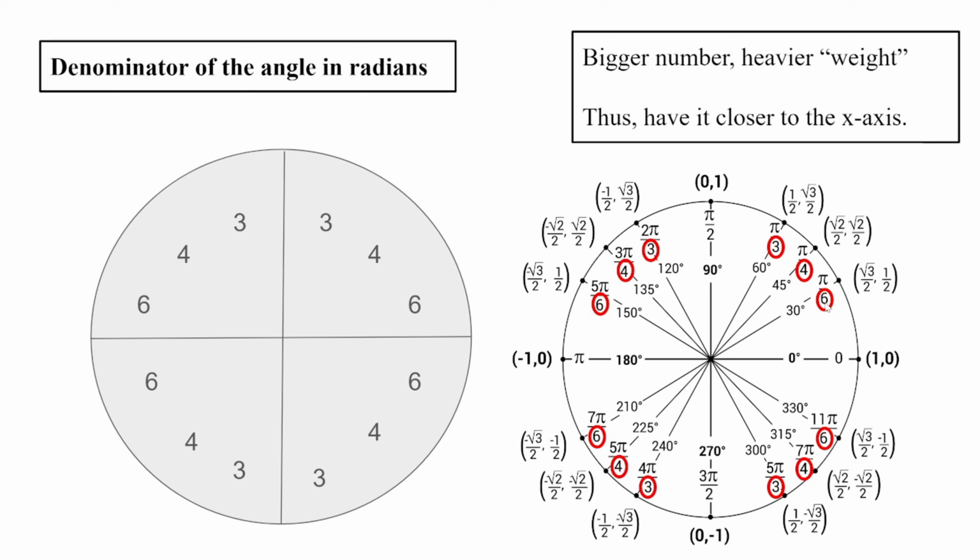When we think about that, we're thinking about where it is in relation to the x-axis. Are we in the third slot, second slot, first slot? So we're in the third slot, heaviest to the x-axis, okay, 6.